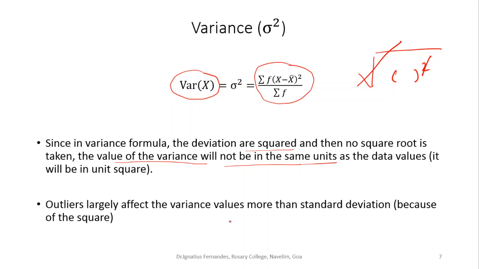But the reason we usually do not use variance is the unit, because the final answer is in terms of unit squared and not the actual unit in terms of which the data is given. That is why we usually prefer using standard deviation.